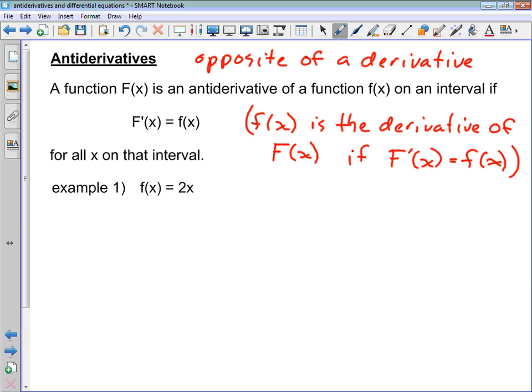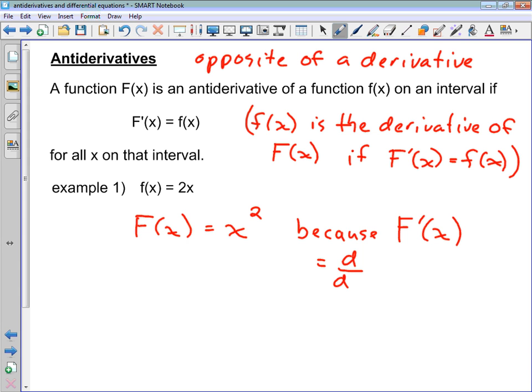Okay, so if taking the derivative of some function, function A, gives you function B, that means that function A is the antiderivative of B, and that function B is the derivative of A. So for example, if we've got f of x equals 2x, our antiderivative of this, capital F of x, would be a function like x squared, because if we take the derivative, the derivative of capital F of x is d by dx of x squared, we end up with 2x, which is f of x.